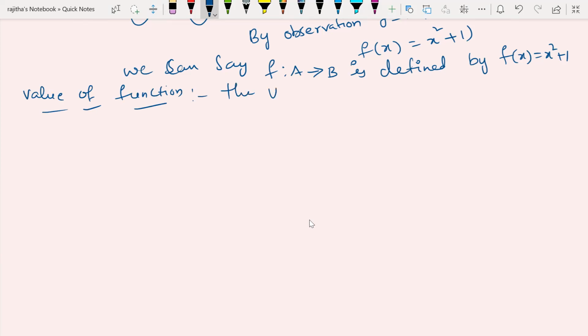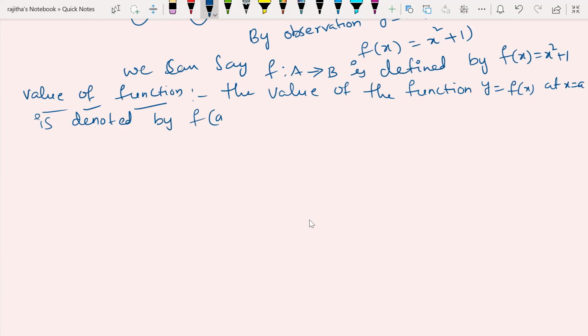If y = f(x), then the value at x = a is denoted by f(a). It is obtained by putting x = a in f(x).